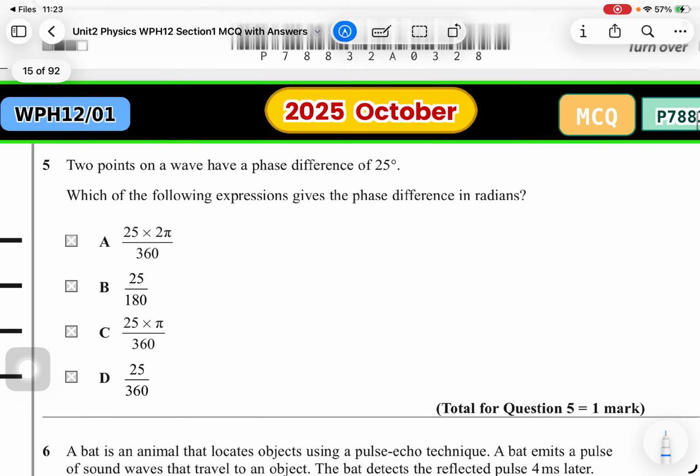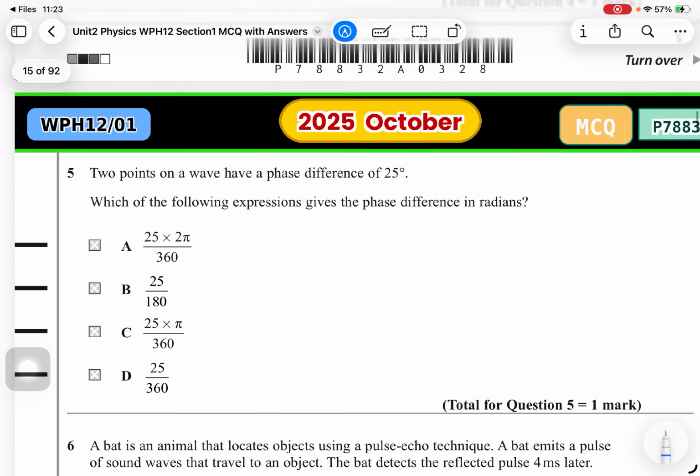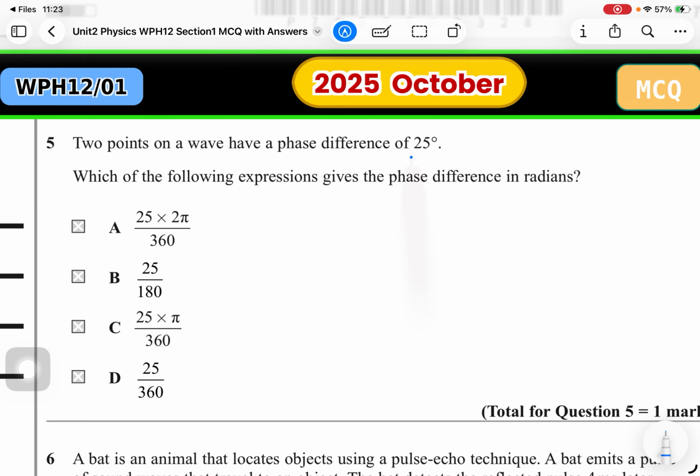Now let's go to question number 5. They are talking about 2 points of a wave with a phase difference of 2 pi, and they are asking in radians. We know 180 degrees is pi radians, which is a simple conversion.